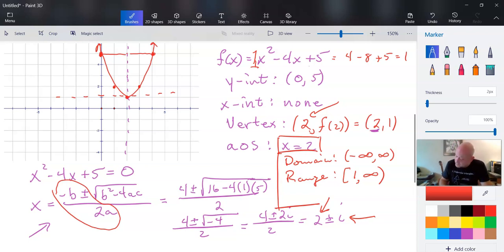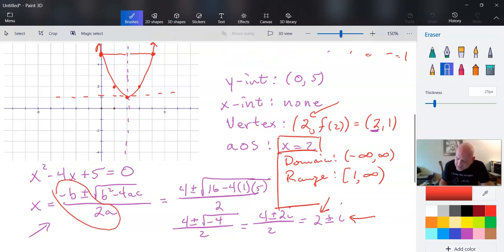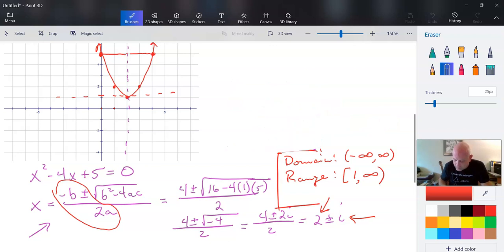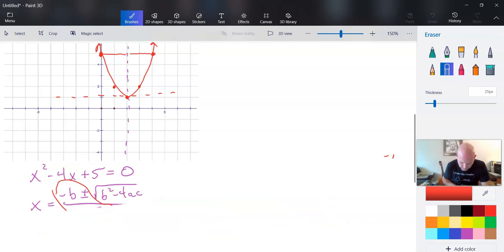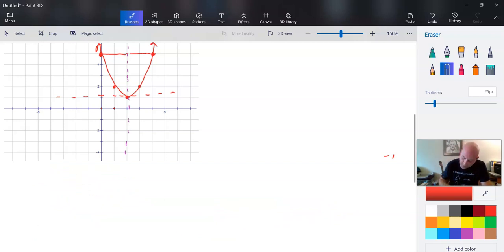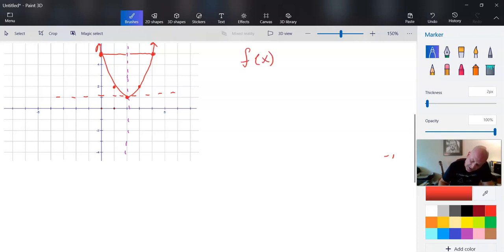Now, I do want to formalize this a little bit. So I'm going to pull this apart, but I'm going to erase this. I'm going to back up and just look at this from a formulaic standpoint. Okay, so let's just say in general our function is f of x equals ax squared plus bx plus c.